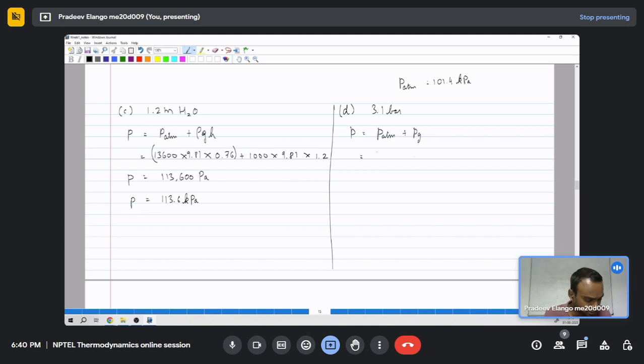I'll write everything in pascals first, so 101.4 into 10 power 3 pascals, plus, to convert the bar to pascals, 1 bar is 10 power 5 pascals, so we have 3.1 into 10 power 5 pascals. So in total, if you add, we will get 411.4 kilopascal.